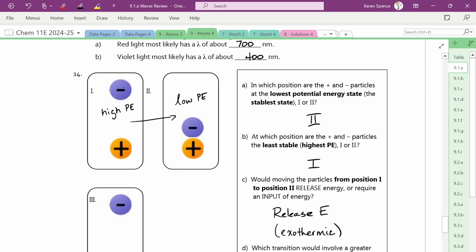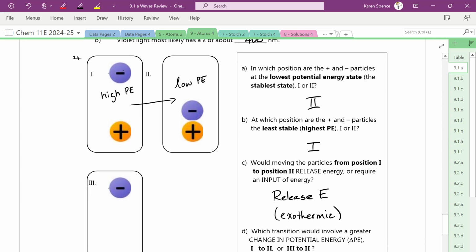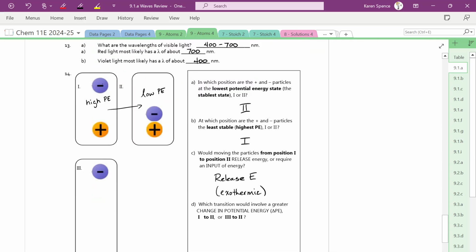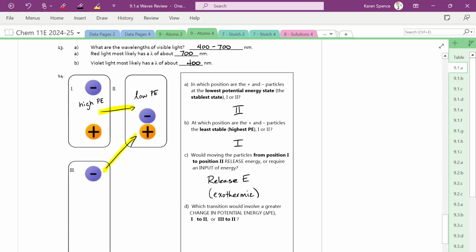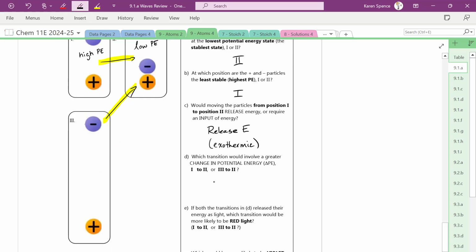Which transition, either from 1 to 2 or from 3 to 2, would involve the larger change in potential energy? 3 to 2. Okay.